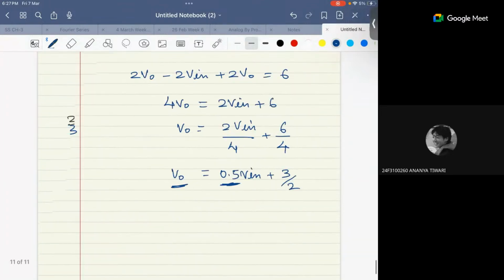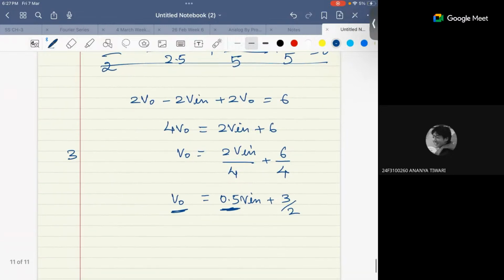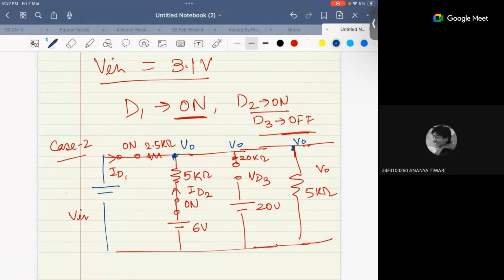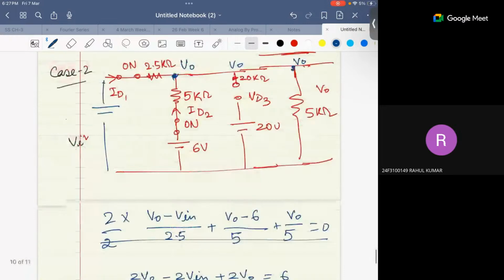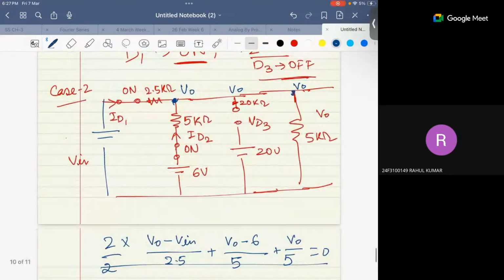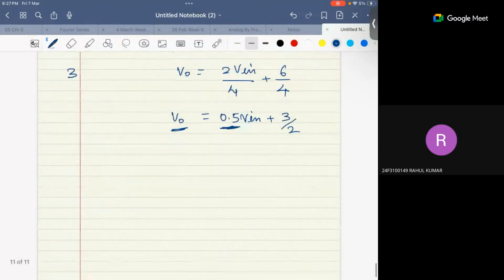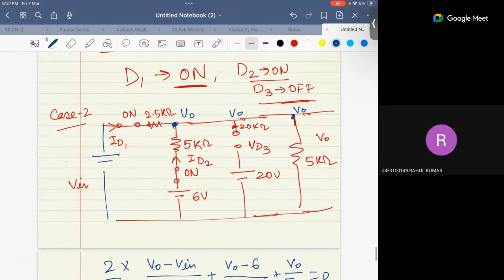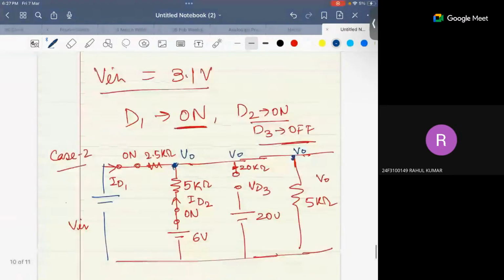So what can we do to know this? This is V0, right? Sir, 9 volt. Till 9 volt, because if V out is equal to 6 volt, then diode D2 is off. Correct. So this V out should be greater than 6 volt, otherwise our assumption for D2 will become wrong.